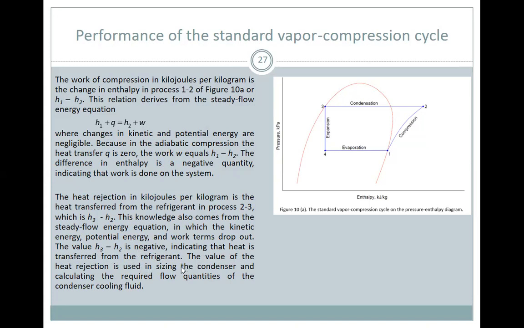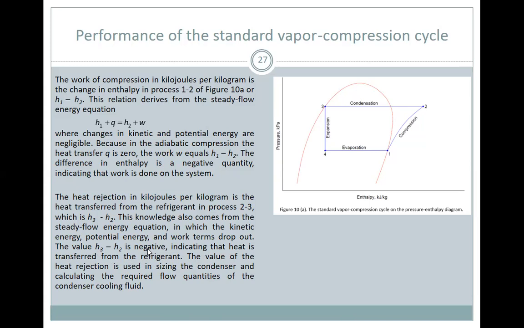The value of heat rejection is used in sizing the condenser and calculating the required flow quantities of the cooling fluid. Okay. So, negative ang sagot, pero sa absolute value, this is now positive. Ilalagay mo, heat rejection is positive value, absolute value nito.